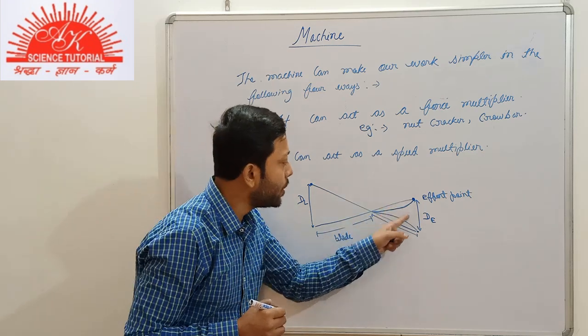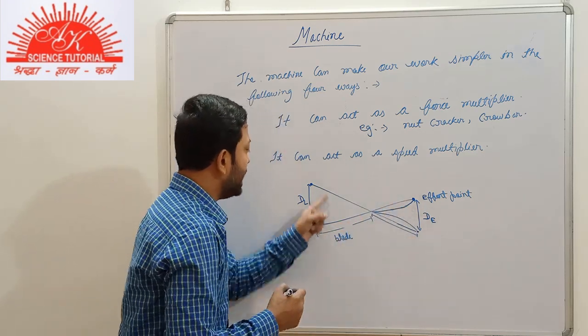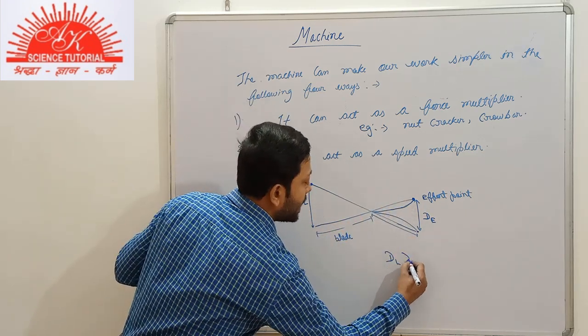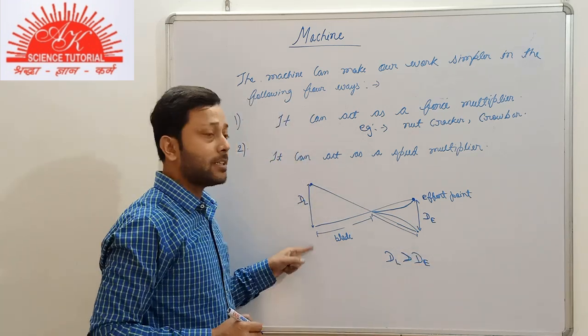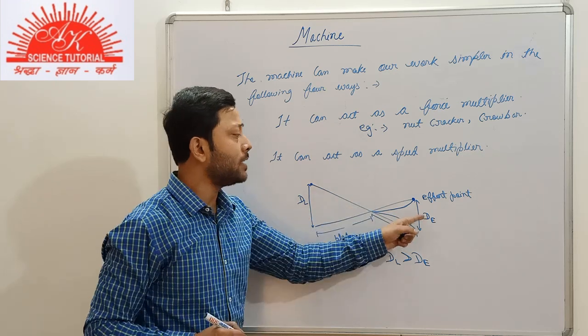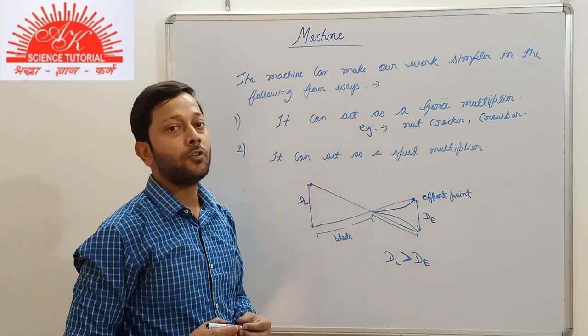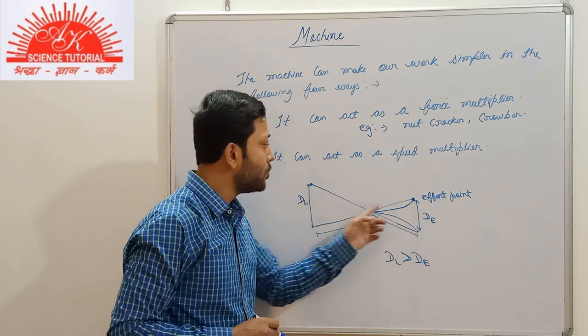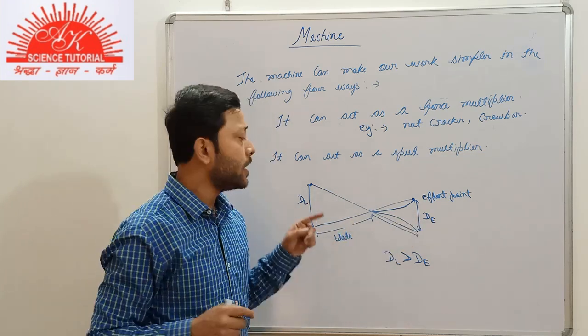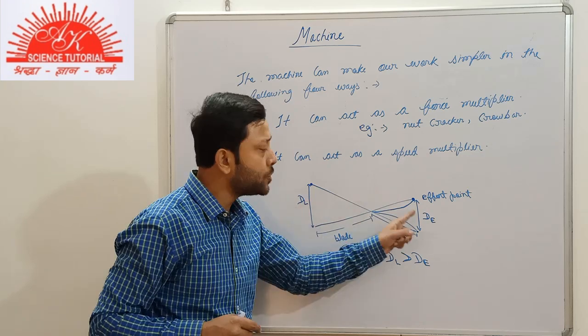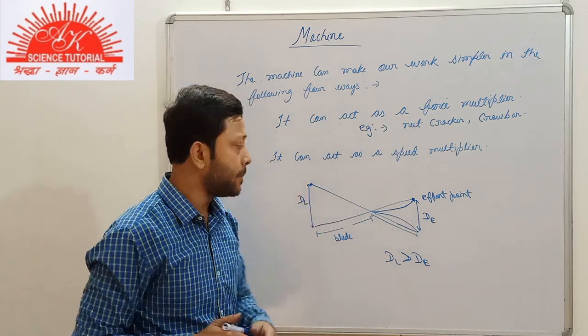What do we conclude here? Obviously, DL must be greater than DE. You can see here from the figure, DL, the displacement of load, is greater than the displacement of effort. And both these phenomena take place simultaneously, which means the time taken for both is the same.